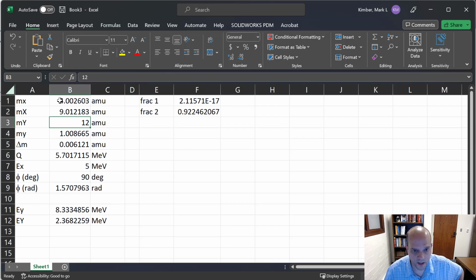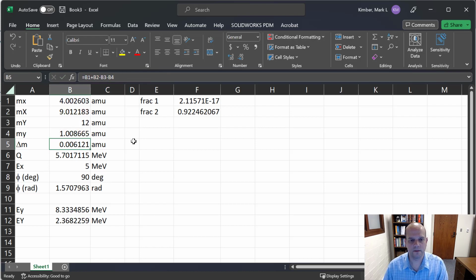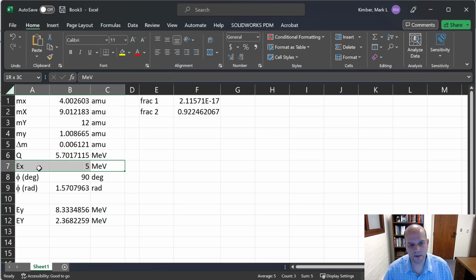So this one's beryllium-9, carbon-12, neutron, and then alpha particle. And here I just calculate the difference in those masses, as I did a minute ago, and that's my Q value. This is a known quantity from the problem statement, and this is also a known quantity from the problem statement. I'm just converting this into radians here.